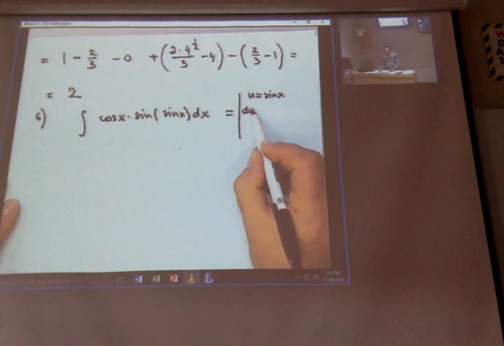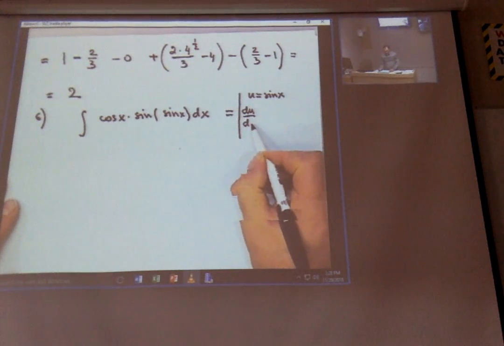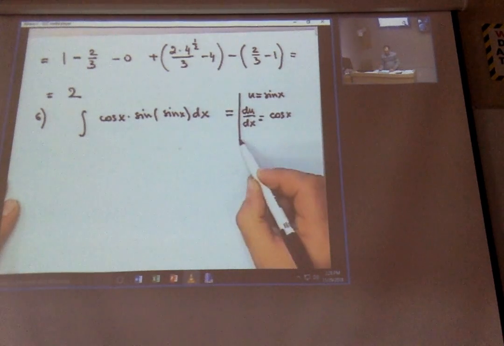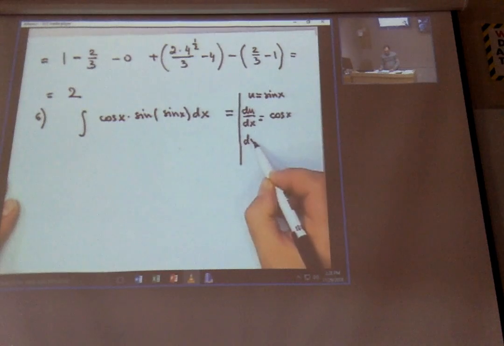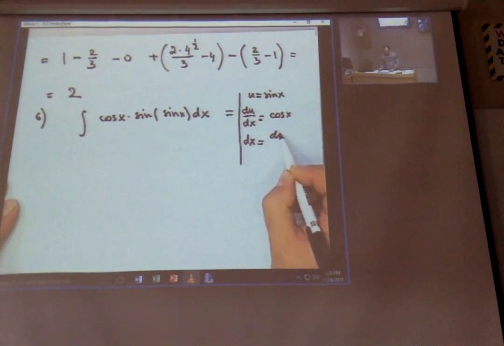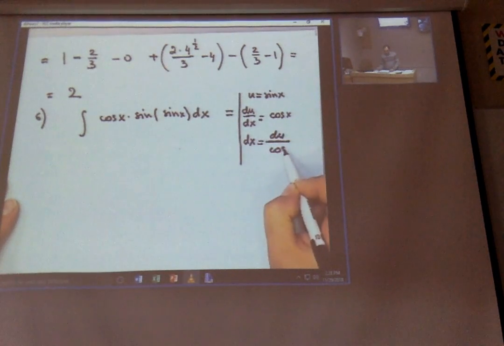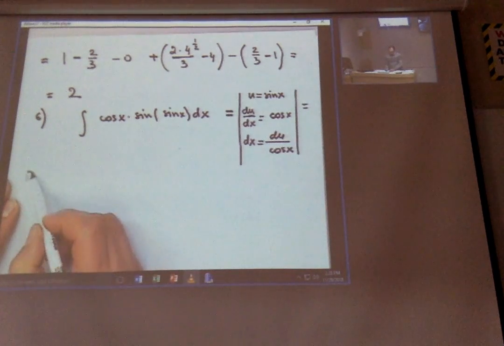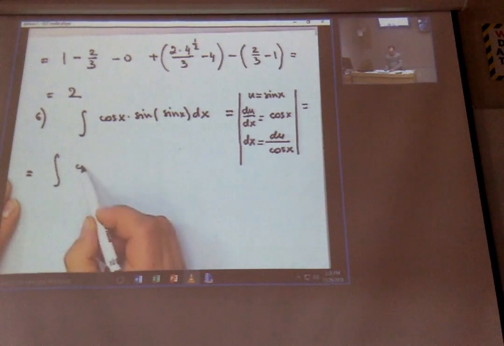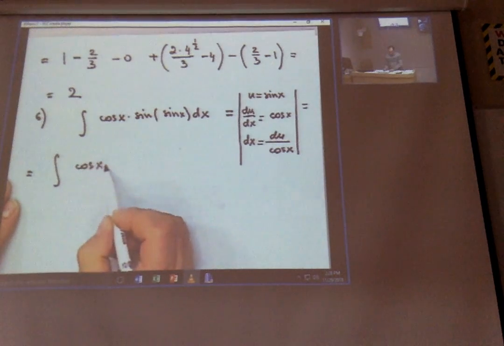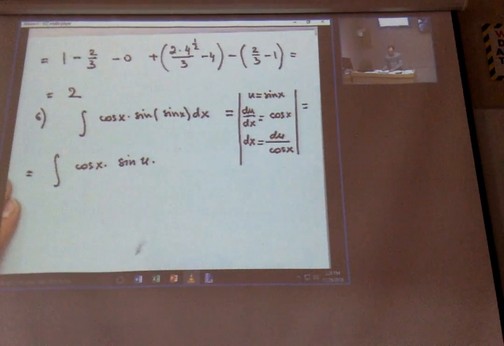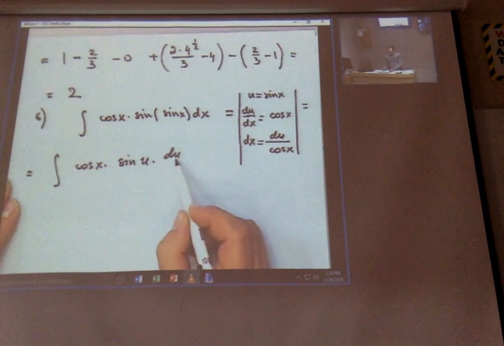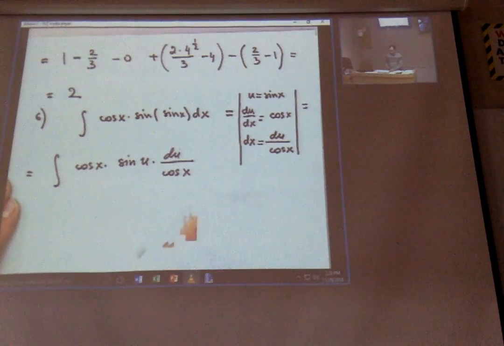So du over dx will be cosine of x, the derivative. Then dx will be du over cosine of x, and it seems everything will be fine here. So we have the integral of cosine of x times sine of u times du over cosine of x.